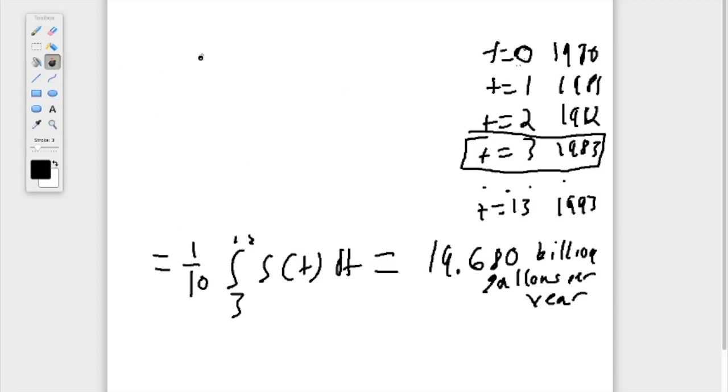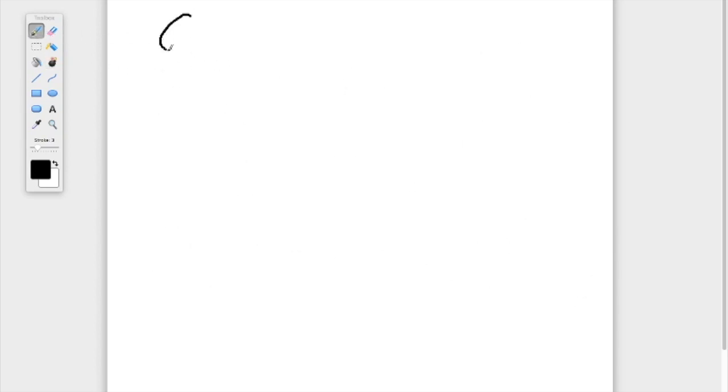Alright? Now, part C, we're basically trying to use the trapezoidal rule with 4 equal subintervals. So when it says n equals subintervals, that means n rectangles. So say if n is 4, you would have 4 rectangles.